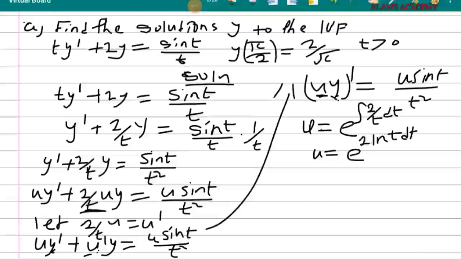That is, when I factorize the 2 out, I have 2 times 1 over t, and the integral of 1 over t is ln t, so that when I differentiate I will get back my 2 over t.